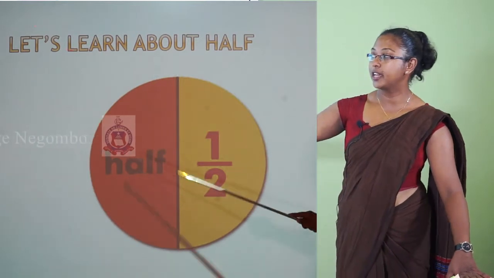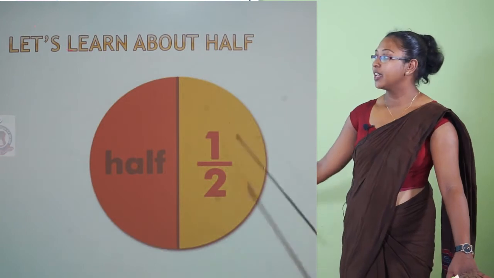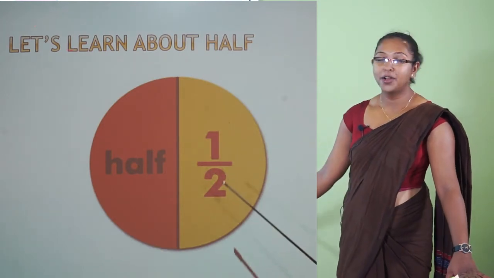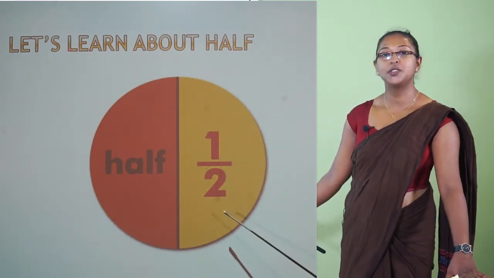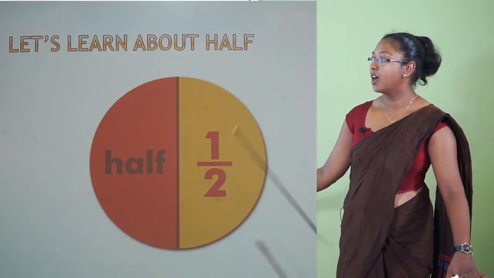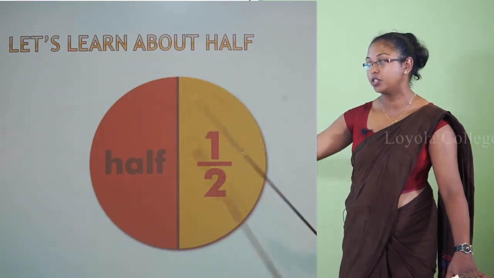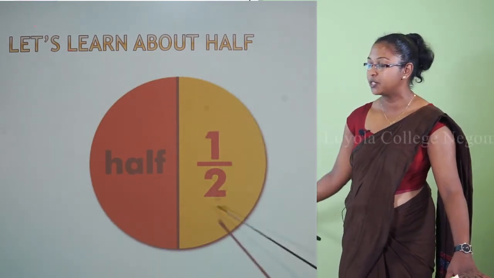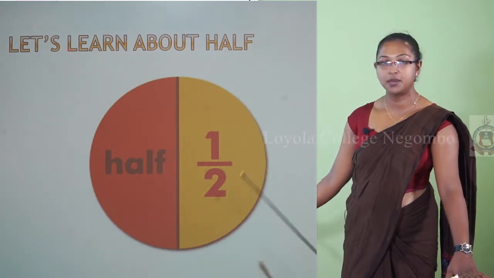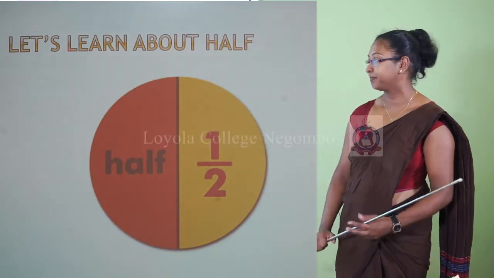You can write half using numbers: 1/2. Why do we write it this way? Because half means 1 out of 2 parts. 1 part out of 2. That's why we write it as 1/2. This is the way you write half.